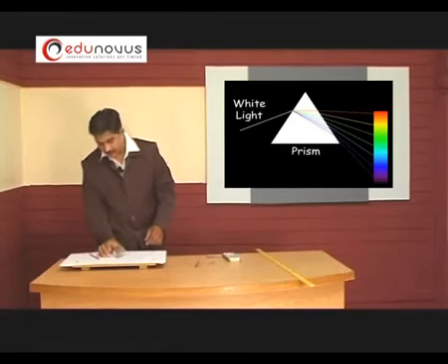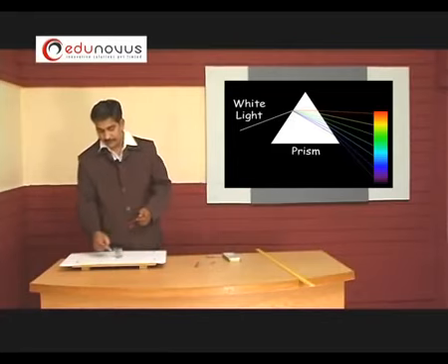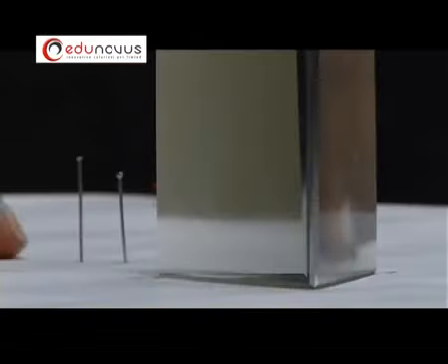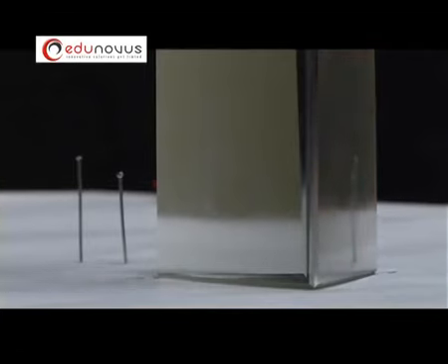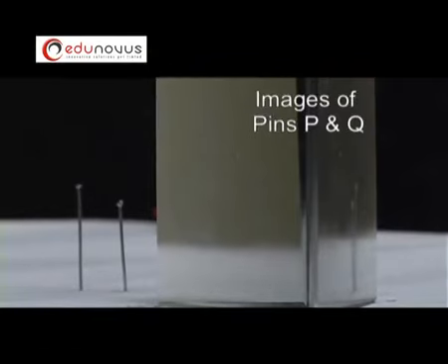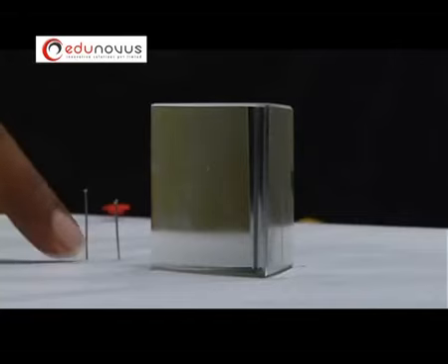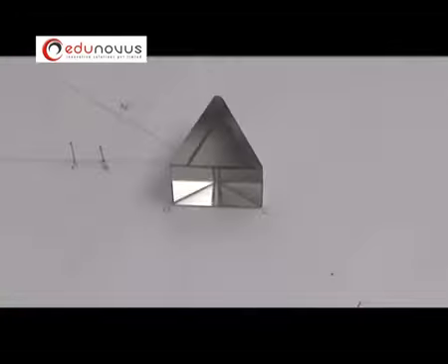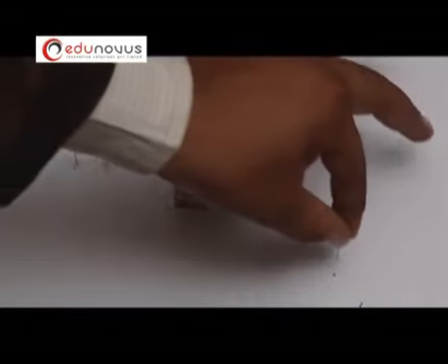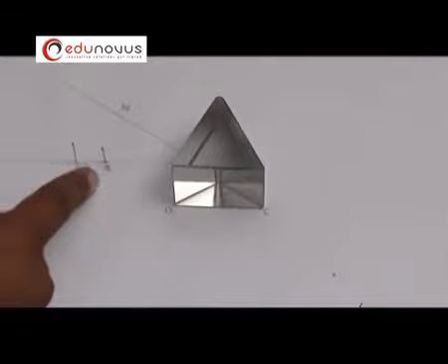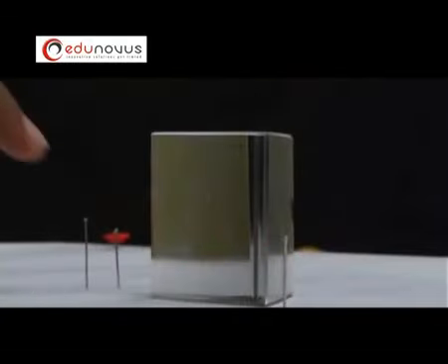We have to observe the two pins from the second refracting surface AC in such a way that the pin that is going to be placed on the other side must coincide with the images of P and Q. Consider one more pin, let us say R, and observe the pins P and Q from refracting surface AC in such a way that the pin R coincides with P and Q. Observe that P, Q and R are on the same line.